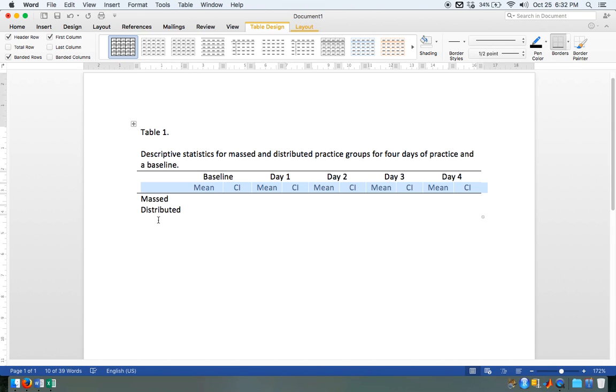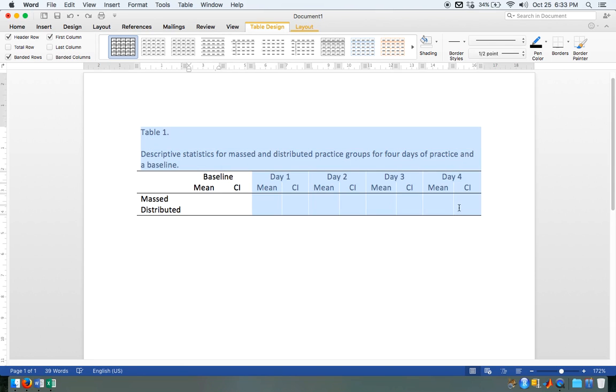Bottom border, there we go. We're going to add one on the bottom as well. There we go. So now suddenly we have our baseline, day 1, day 2, day 3, day 4 with mean and CI.